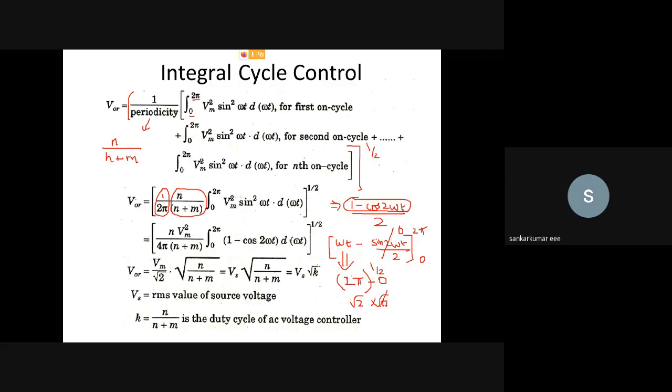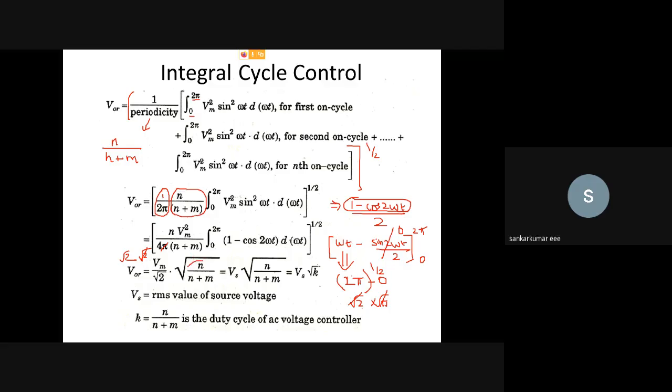So this root pi and the other root pi get cancelled, and here we have root 2, and in the denominator we have 2. So this 2 can be written as root 2 into root 2. So this root 2 gets cancelled, and in the denominator we have another root 2. So the final expression will be Vm divided by root 2 into root of n by n plus m.